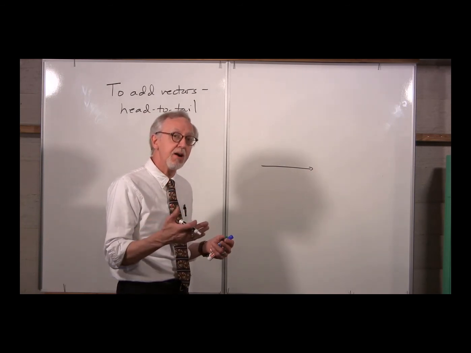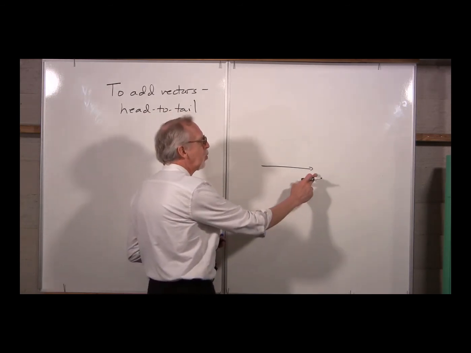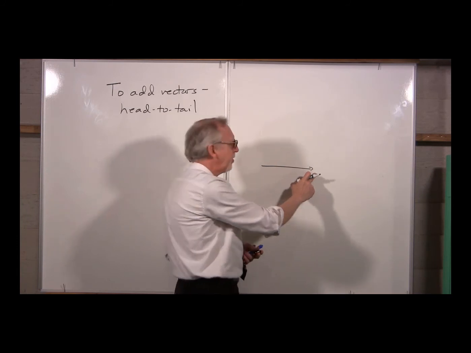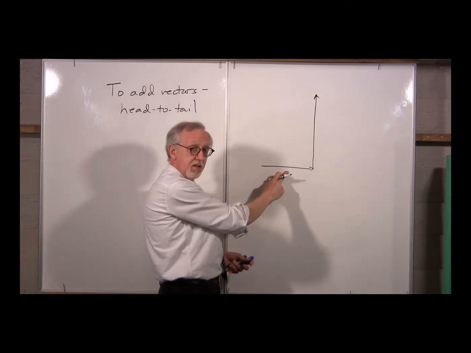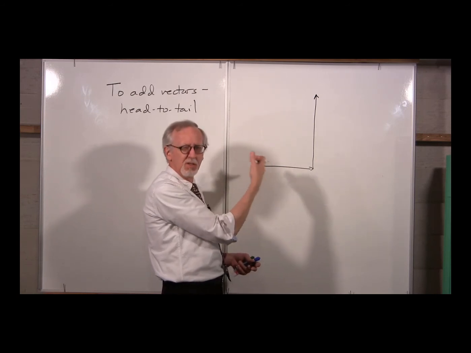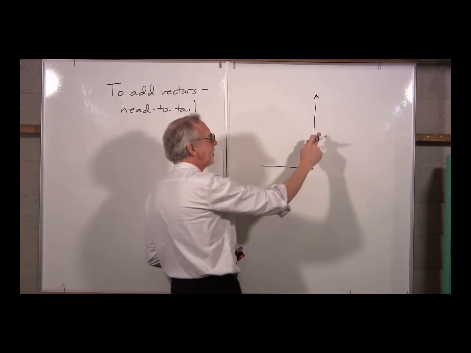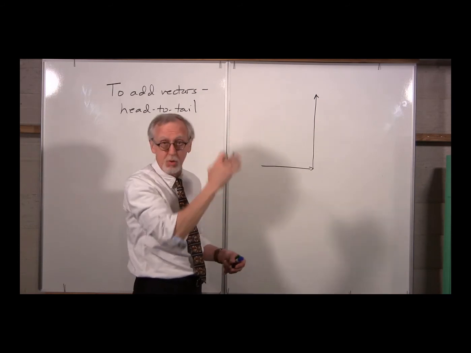Well, I put the tail of that vector where we ended up after our first walk. So I put this vector here, 5 kilometers east, in other words, say 5 kilometers in the x direction, 10 kilometers in the y direction, north.